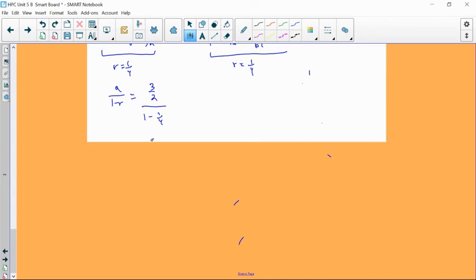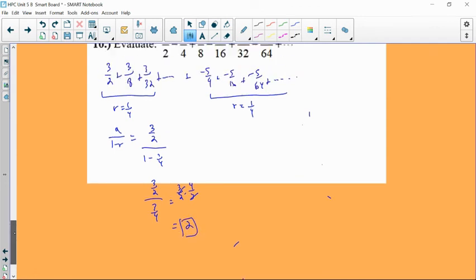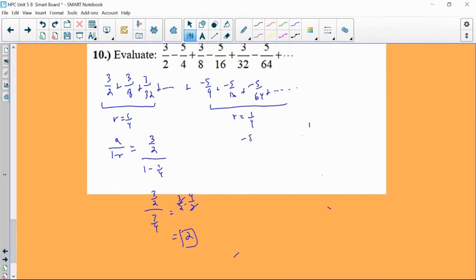So that's 3 over 2 divided by 3/4, which is equal to 3 over 2 times 4/3. So that much of it is a value of 2. And then over here, my starting term is -5/4 over 1 minus 1/4, which is -5/4 over 3/4. The fourths would cancel. We get -5/3.